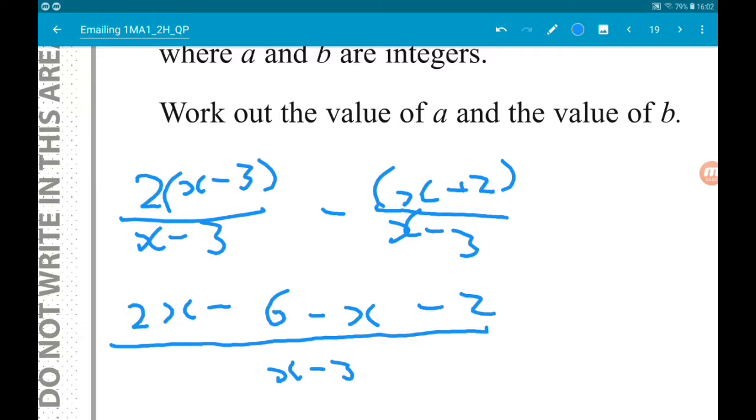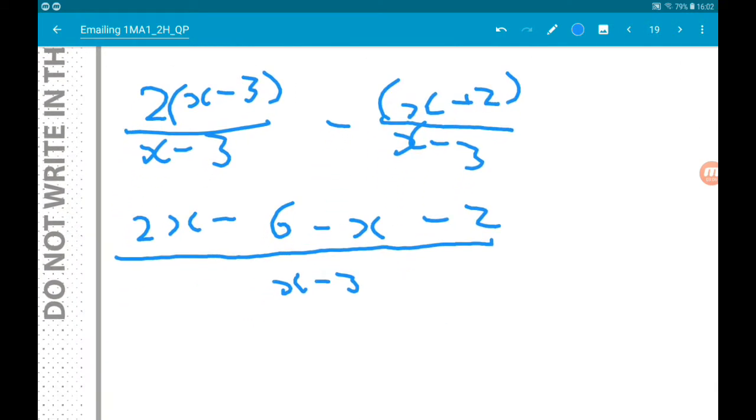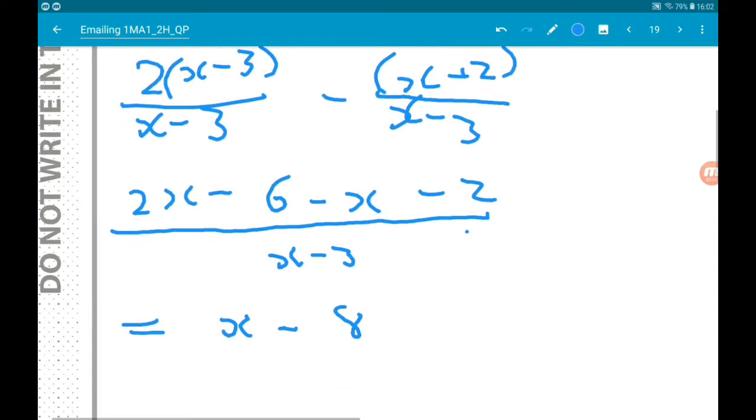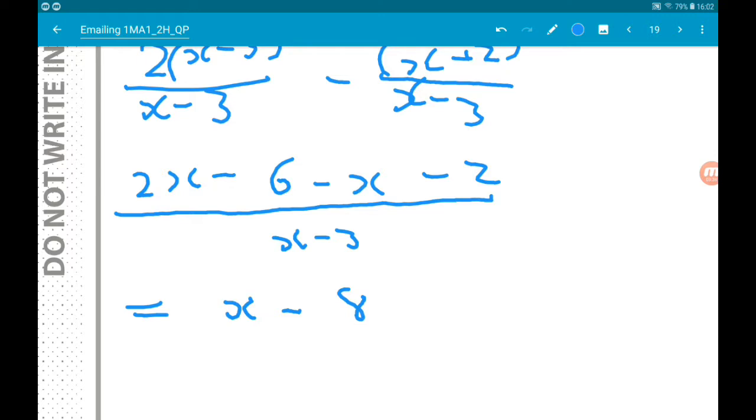Okay, now we can simplify the top. So we have 2x minus x, so that's just 1x. And we have minus 6 minus 2, which gives us minus 8. And then that's all over x minus 3. So, we've combined these first two terms.